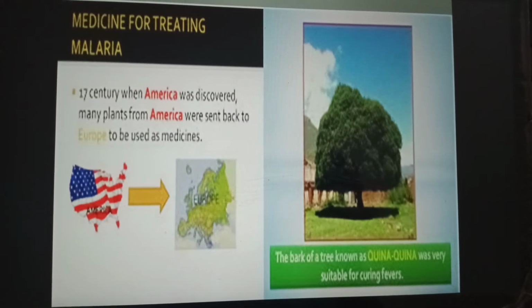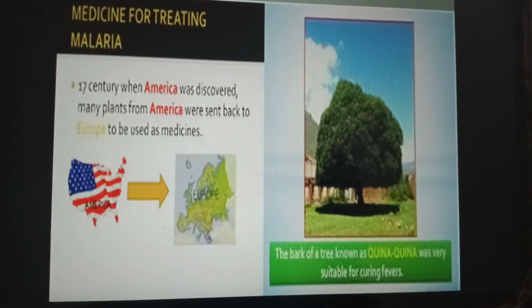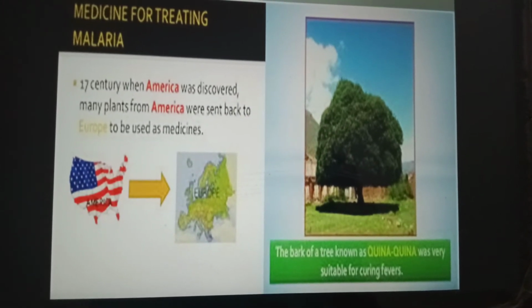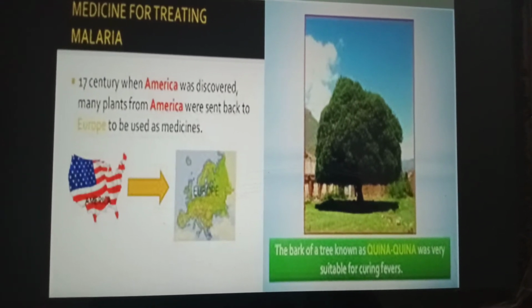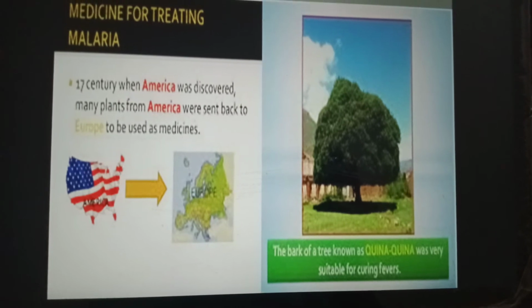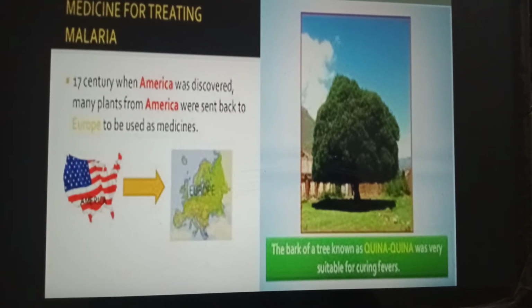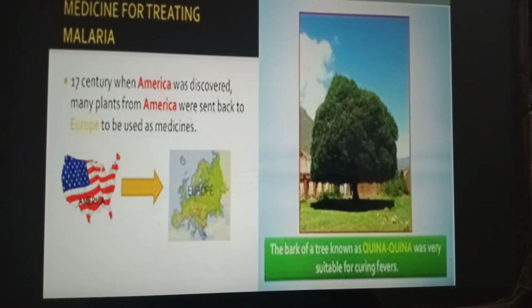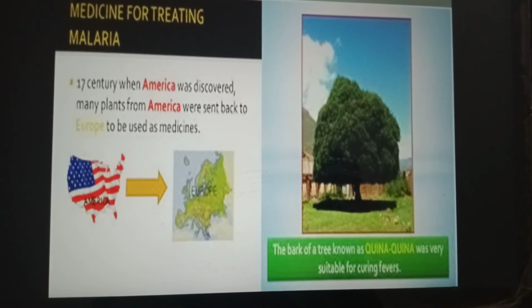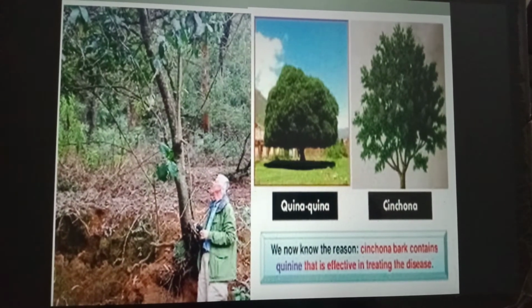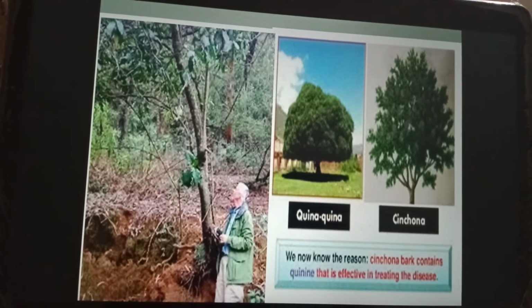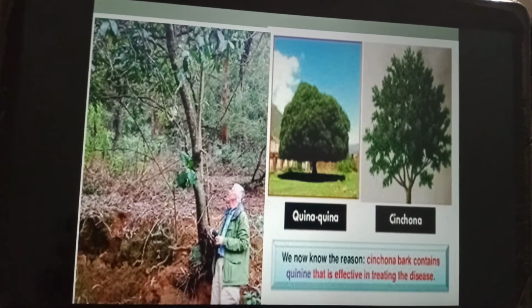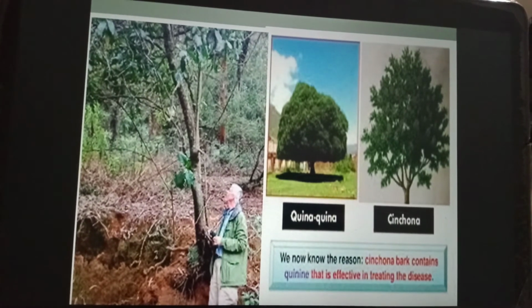Medicine for treating malaria. In the 17th century, when America was discovered, many plants from America were sent back to Europe to be used as medicines. The bark of a tree known as quinquina was very suitable for curing fevers. It was so beneficial that soon it was impossible to carry enough bark to Europe.